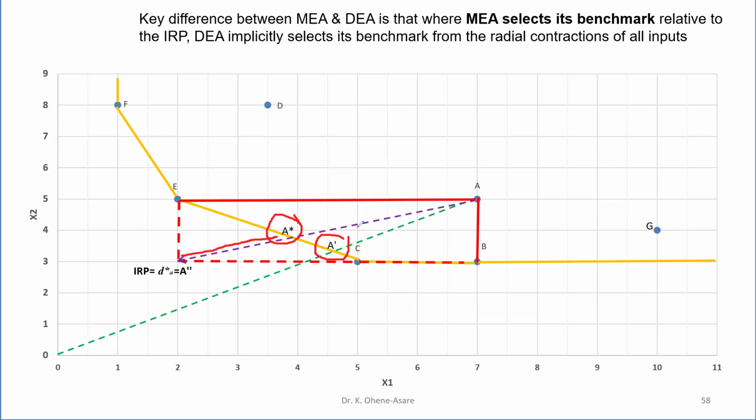Okay, but another name for the fact that they are targets could have been what? We could have also used what word instead of target? Benchmark. Keep note of that. So that is a DEA benchmark, A prime, and that is a MEA benchmark.